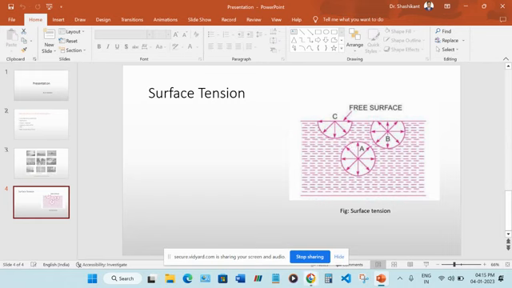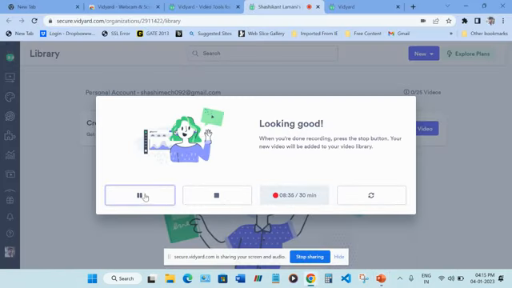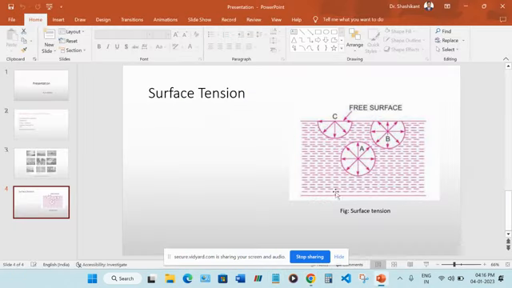So molecule A is attracted by the nearby molecules which are in the sphere of influence, and it is balanced because the molecules on the upper side and lower side are equal. Consider another molecule B. Here also we consider another sphere of influence. Within the sphere of influence, all molecules are attracted by the cohesive force towards molecule B.